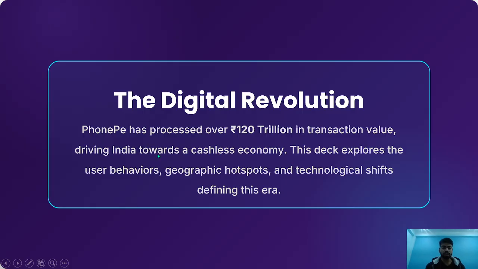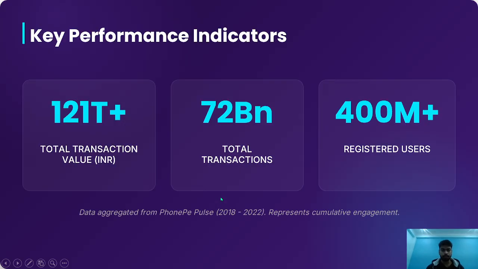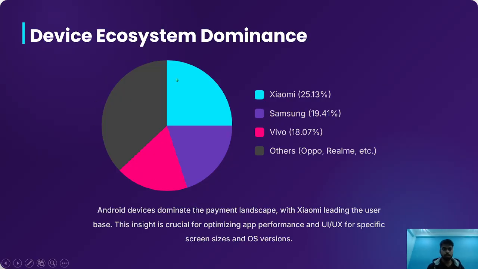This dashboard explores user behavior, geographic hotspots, and the technical shifts defining this era. We have some key performance indicators: total transaction value is almost 121 trillion plus, we have 72 billion total transactions, and 400 million plus registered users between 2018 and 2022.